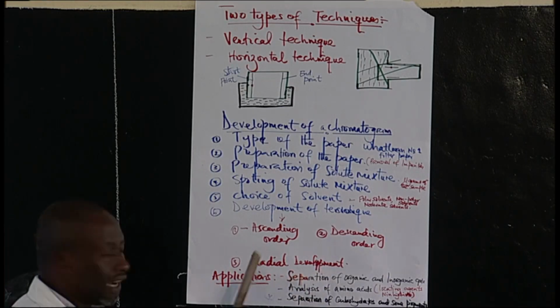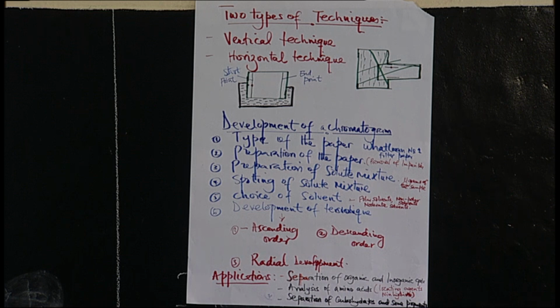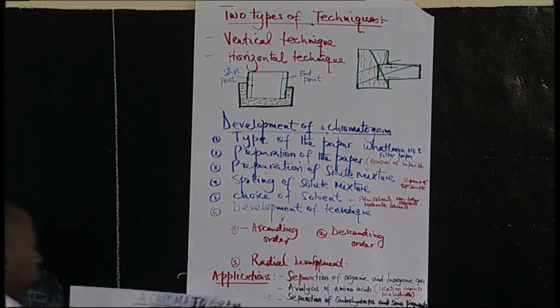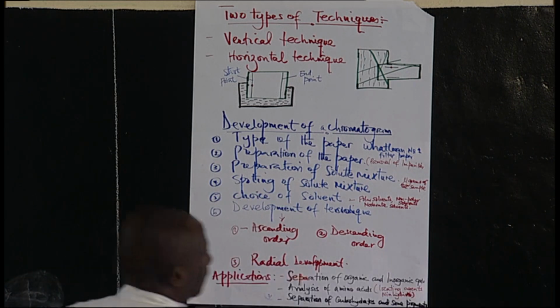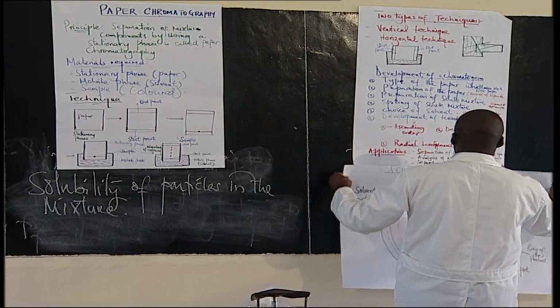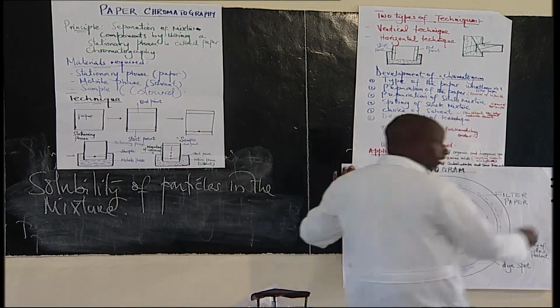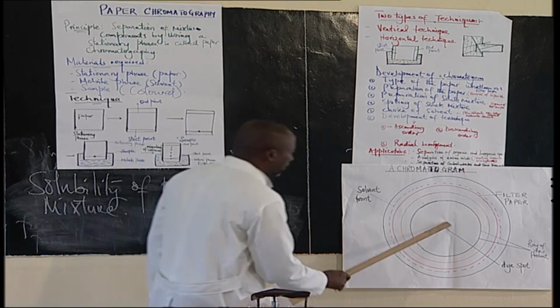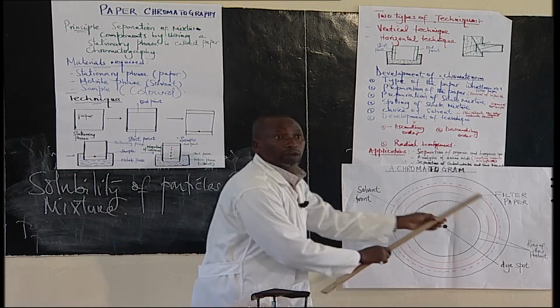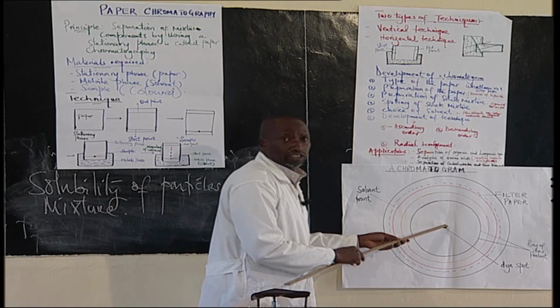And then we have the radial development, which is the most common that we use. It is this one. In the radial development, the whole of this is the filter paper, and then you have the ink in the middle.